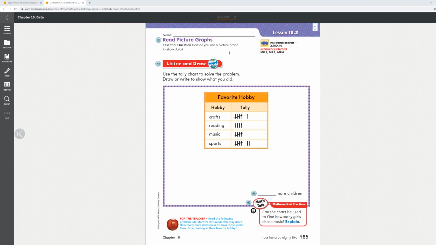First thing we need to do is write the number of tally marks next to each one. So crafts, how many tally marks do we have? We have 1, 2, 3, 4, 5, 6. 6 for crafts. So remember, we always count the diagonal line.